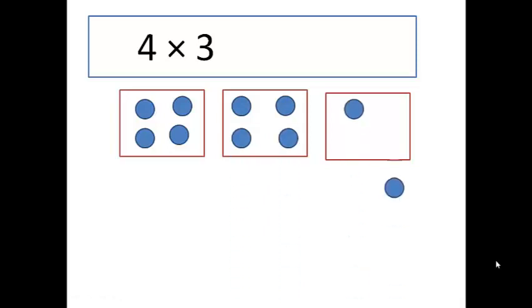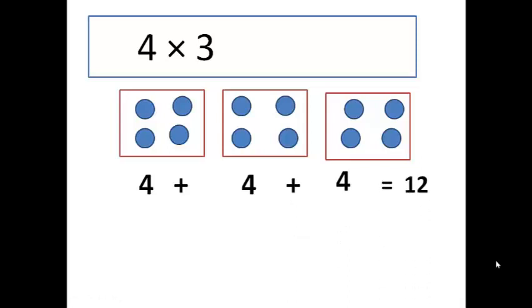In each group, how many circles? 4 circles. 4 plus 4 plus 4 equals how many circles? Equals 12. Yes, remember multiplication is repeated addition.